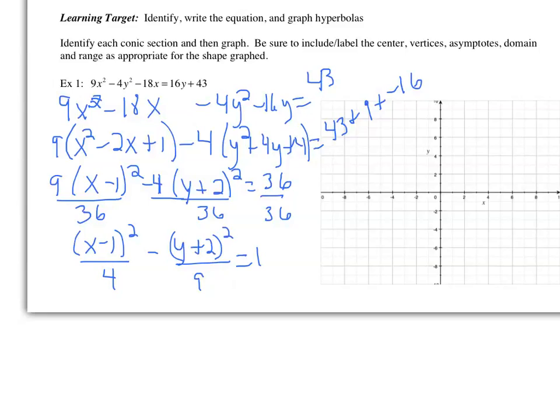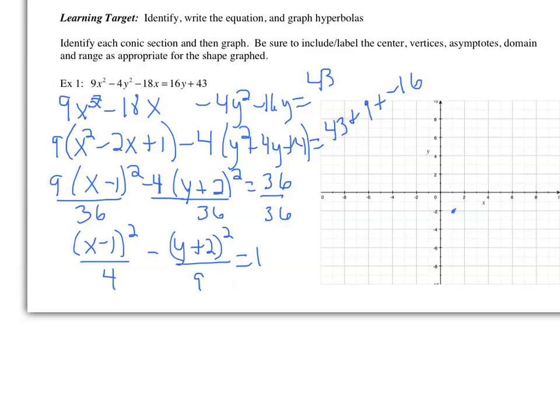And so to graph this, our center is 1, negative 2. So we'll plot that, 1, negative 2. Oops, just kidding. This should be over here. 1, -2. I said 1, -2. And then it's going to be opening left and right because the x squared is first.